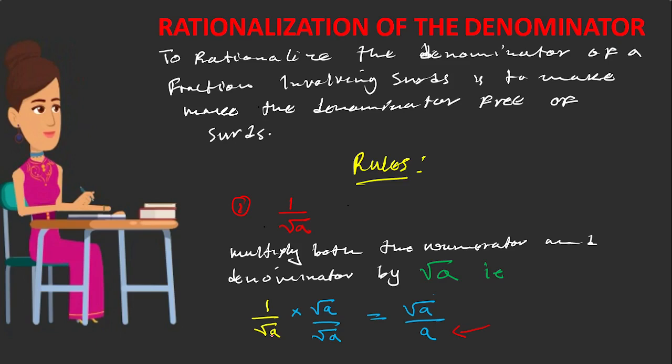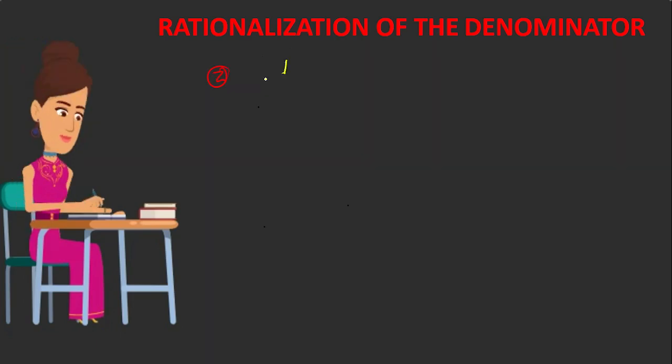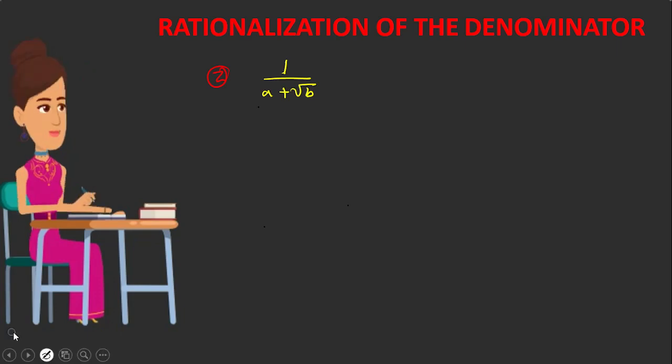Let's move on. The next rule is, let's say you have something like 1 over a plus square root b. What you have to do here is multiply.